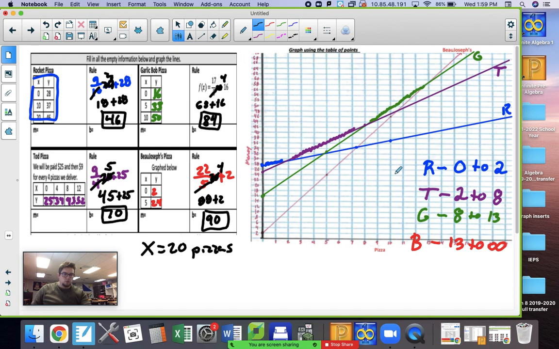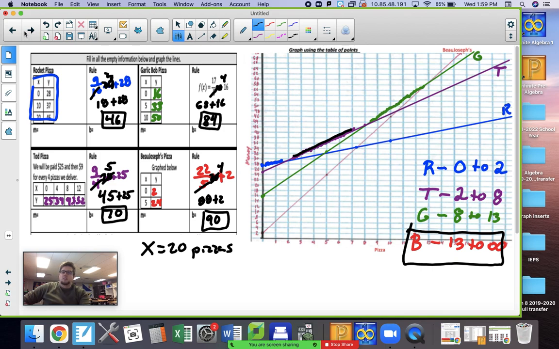After that is what we see right here. Bo Joseph's, anything above 13 is the best price. I can redo it. I'm not going to for the sake of timing on this video. But if you pick a number between 2 and 8, you'll land somewhere right here, which we see is much higher than any of the other lines.